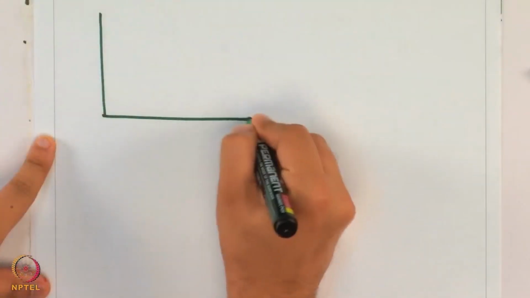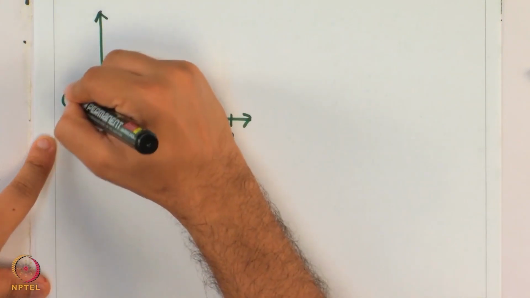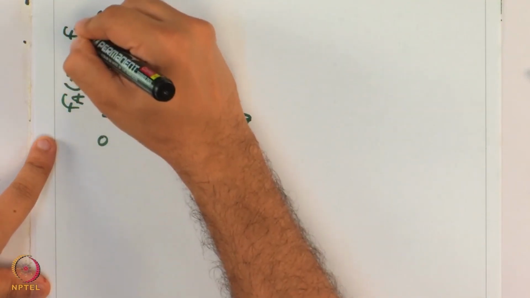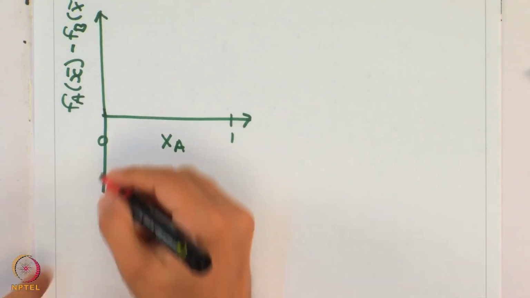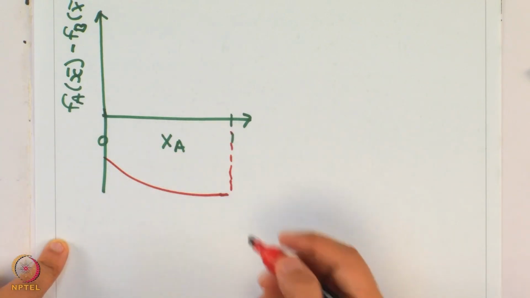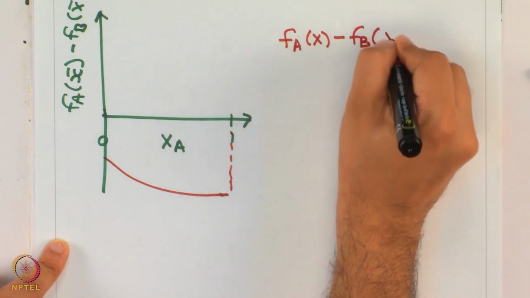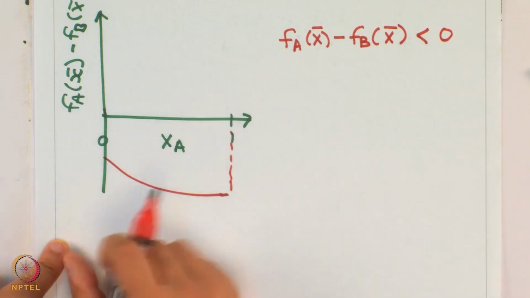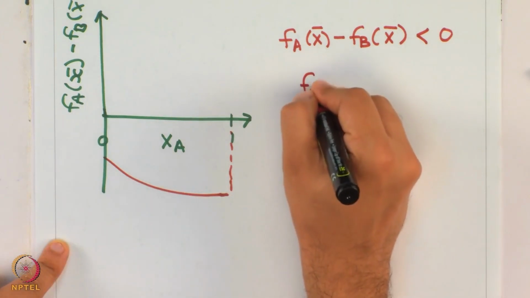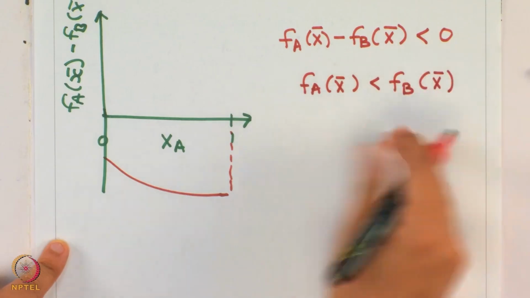If Fa minus Fb was a graph which looked like this, with Xa going from 0 to 1, and now if my graph looked something like this, what that tells me is that Fax minus Fbx is always less than 0, and this fact is independent of the composition of the environment, which tells me that Fax is less than Fbx independent of the composition.